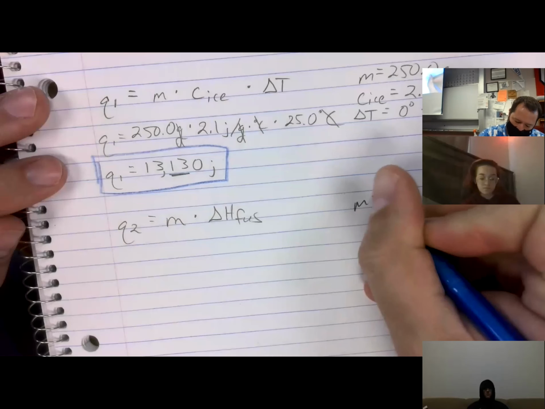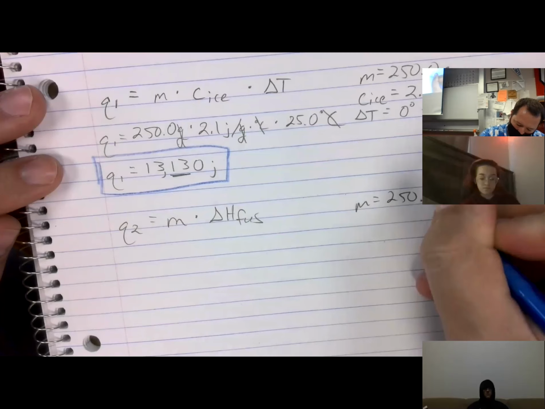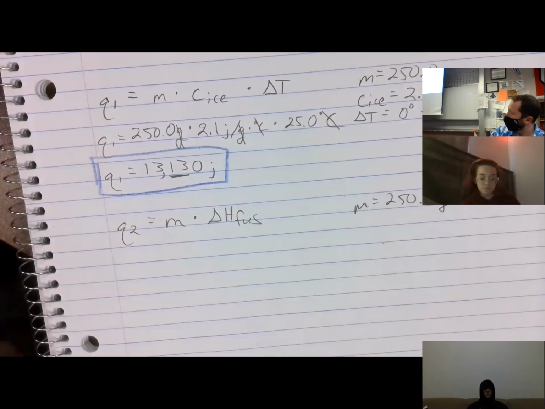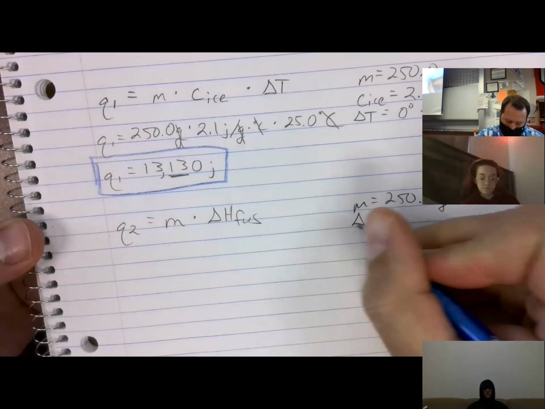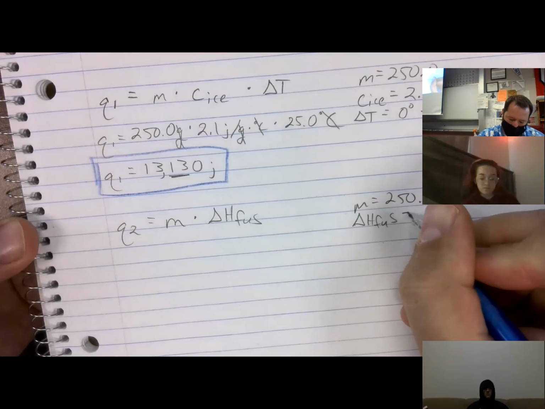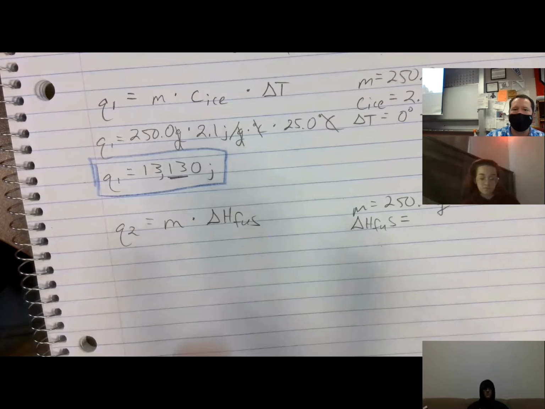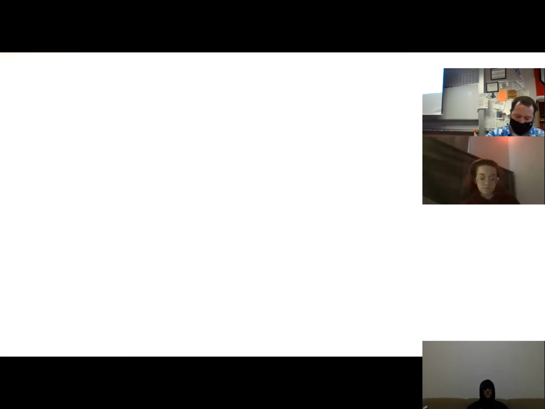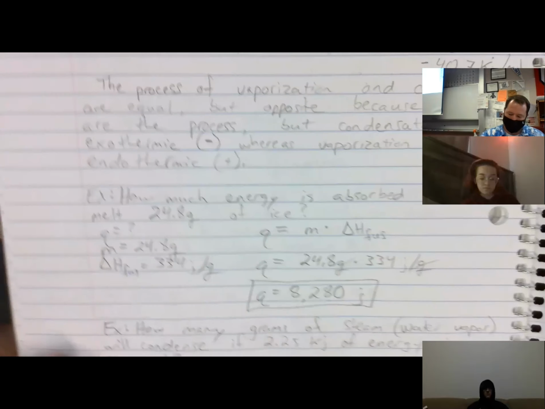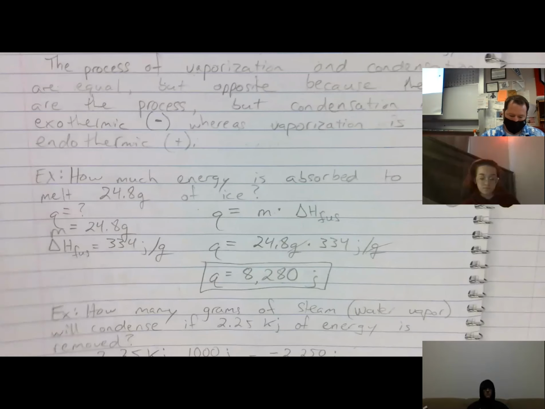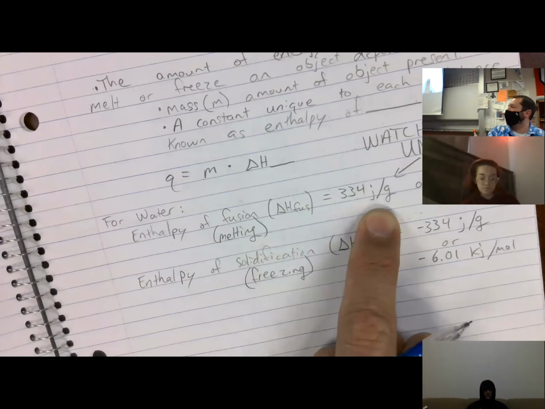So our mass hasn't changed, 250.0 grams. Delta H fuse. Well, I don't know that off the top of my head, but I've got it in my notes. If I look back, there it is, 334 joules per gram.